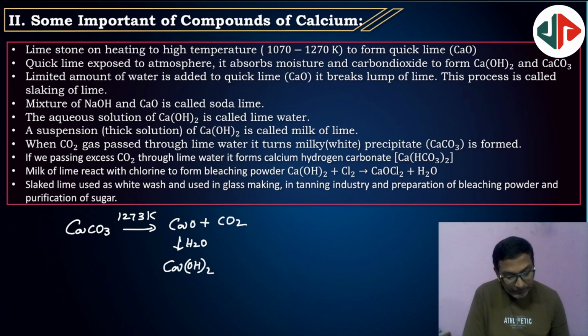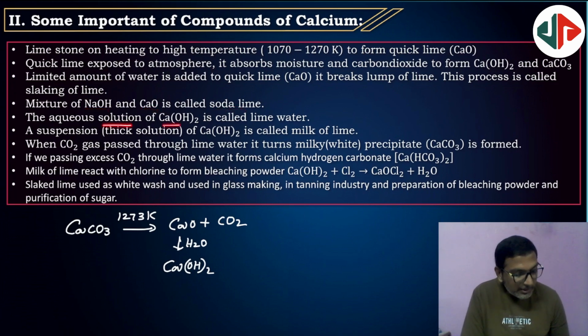Next, see here, limited amount of water is added to quicklime. It breaks lumps of lime. This is called slaking of lime. So CaO reacts with water to form Ca(OH)2. This process is slaking of lime. Next, NaOH and CaO mixed is soda lime.